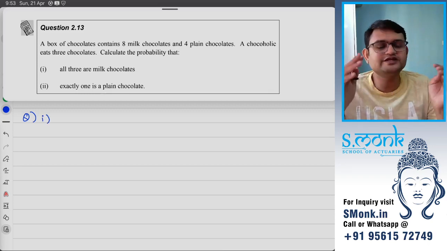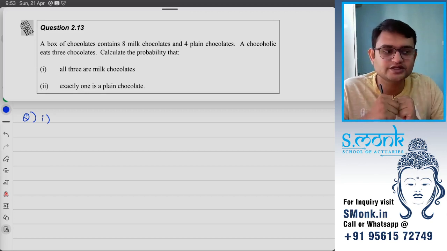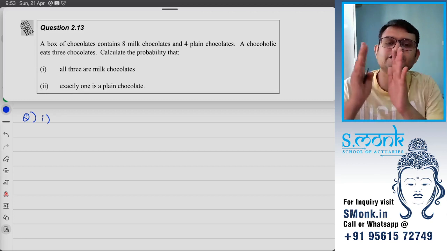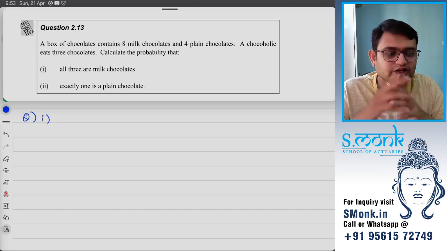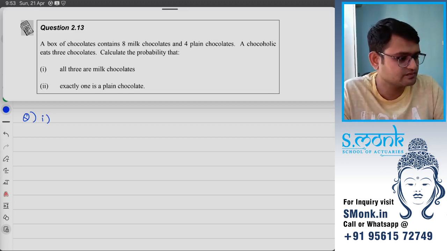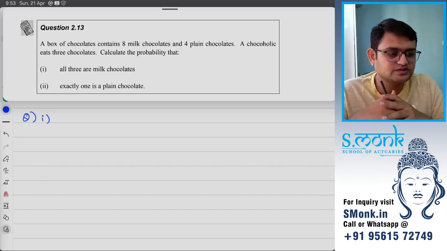Now first of all, we'll decide whether we are selecting 3 chocolates. So we have to decide whether these are independent selections or dependent selections. Can you tell me whether this is independent or not? They have not written whether they are replacing the chocolates or not.